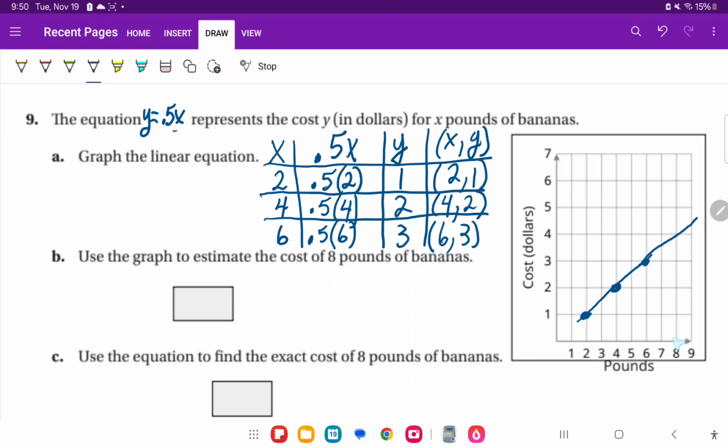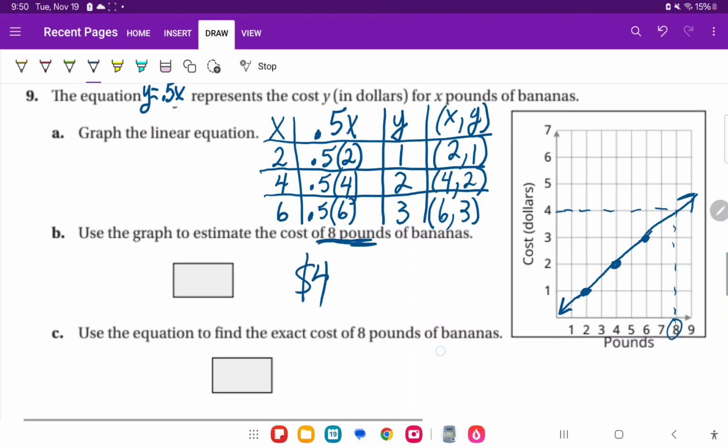Because the question they're asking is, use the graph to estimate the cost of 8 pounds. So here's 8 pounds down here. So that lines up with this right here. What is the cost of 8 pounds? $4.